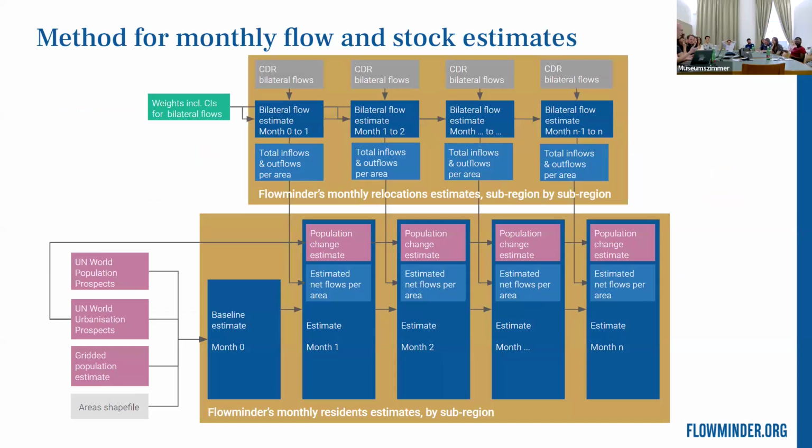We then add the weights from surveys, including confidence intervals based on survey parameters, to create estimates of these bilateral flows, then sum them up to total inflows and outflows per area or sub-area, and then add these total inflows and outflows to the baseline estimate for the first month, adding in the population change estimate, and then arrive at the monthly population estimates for the entire time series per sub-region for the entire country, if we have data for the entire country.